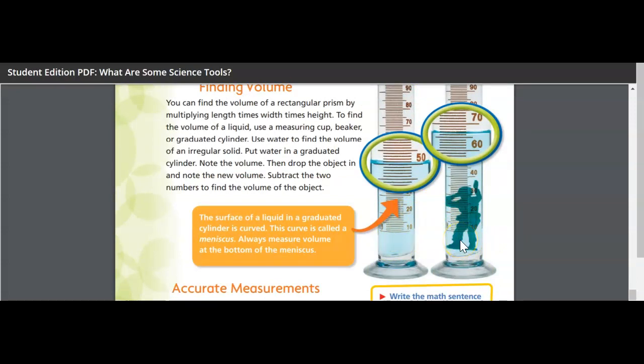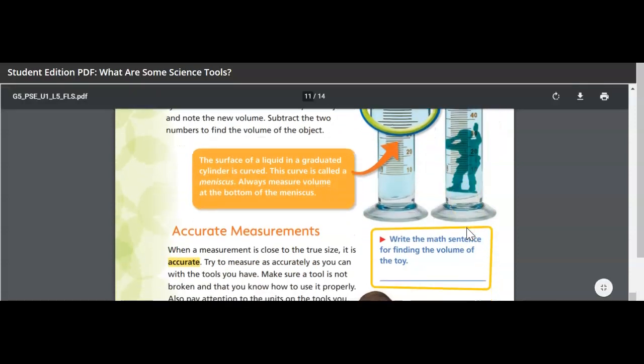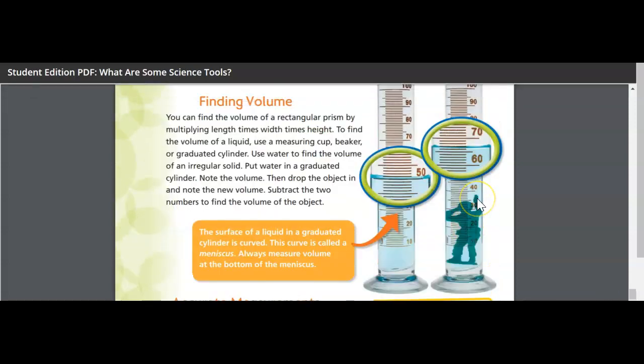And so you're taking from two different shaped, when you're finding the volume, you can put it in the graduated cylinder and subtract the difference to tell you how much volume the object has. Liquid: the surface of a liquid in a graduated cylinder is curved. This curve is called a meniscus. Always measure volume at the bottom of the meniscus.